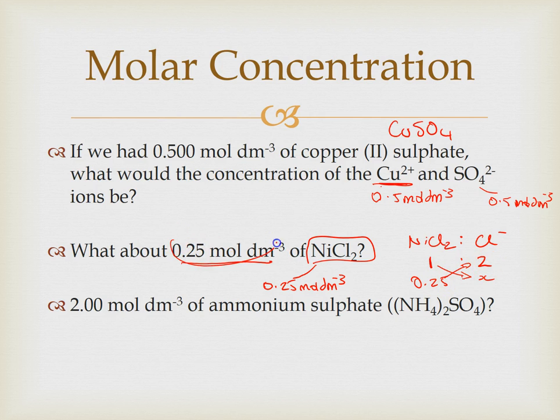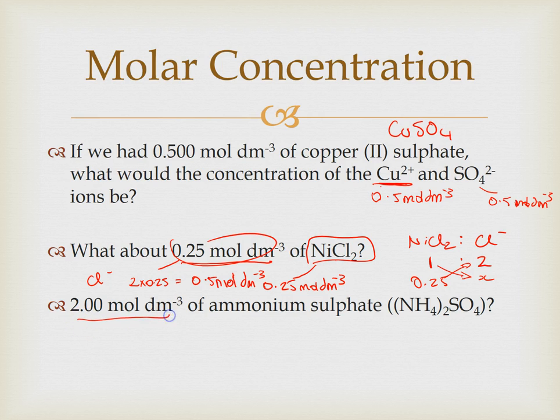So my concentration with respect to Cl- is actually going to equal 2 times 0.25, which is going to be 0.5 moles per decimeter cubed. Okay, because I have 2 chlorides for every 1 nickel chloride that I have.